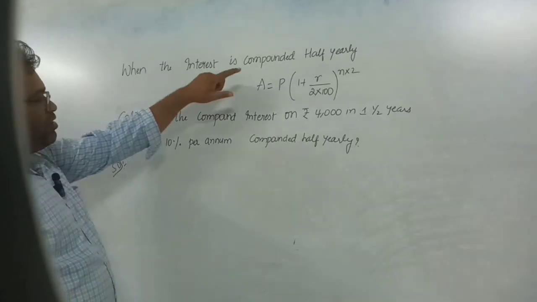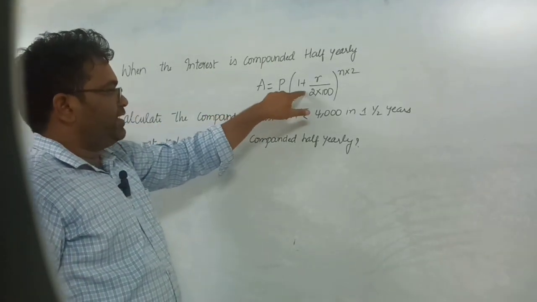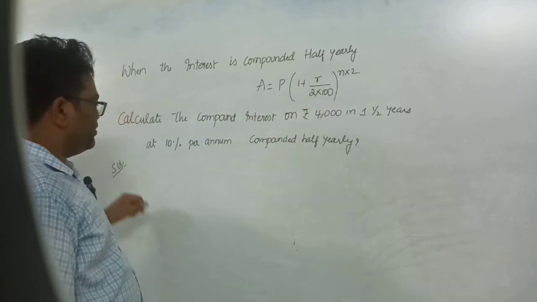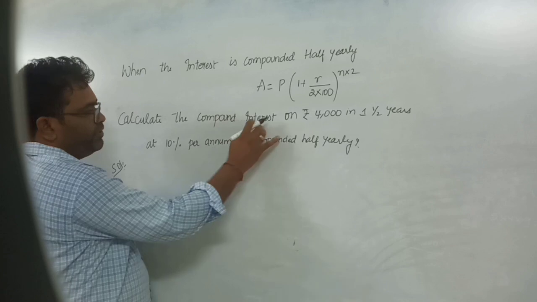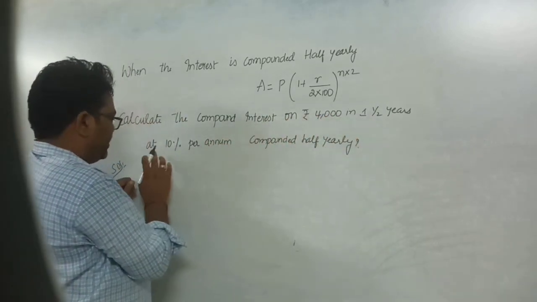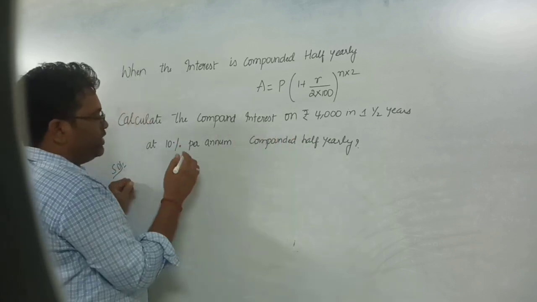When the interest is compounded half yearly, the formula is A is equal to P into (1 plus R by 2 into 100) to the power of N into 2. So here, calculate the compound interest on rupees 4,000 in 1.5 years at 10% per annum compounded half yearly.